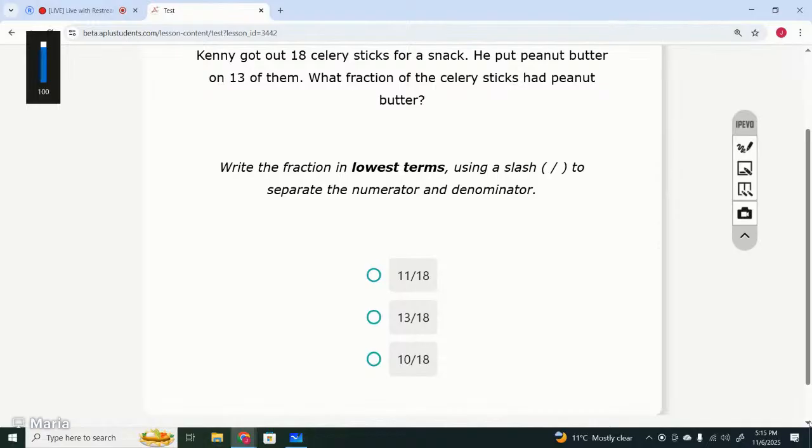That is 13 by 18. The correct option is 13 by 18. The total celery sticks are 18. He put peanut butter on 13 of them. That is 13 by 18. Option number 2 is the correct option.